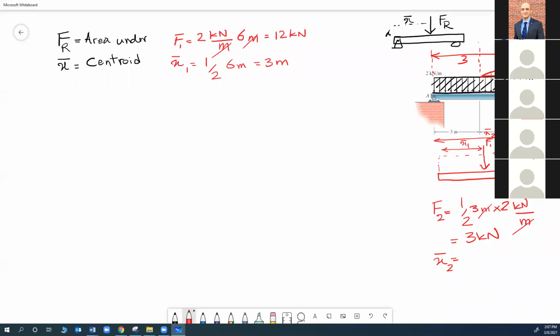So 3 meters plus 2/3 of that length, 2/3 of 3 meters. So it's going to be 5 meters. Questions?